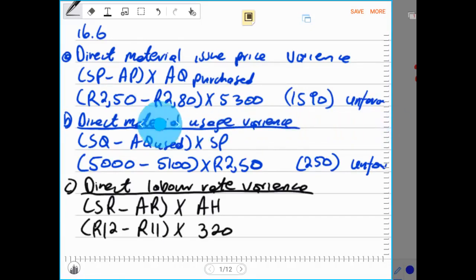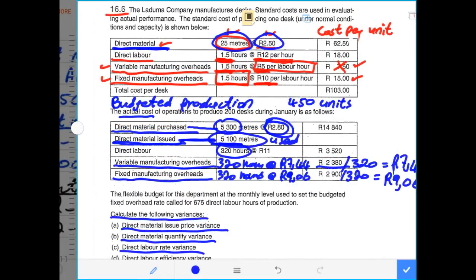Let us just see all these figures. Our standard rate of direct labor was 12 Rand per hour. And our actual rate of labor per hour was 11 Rand. Then our actual labor hours was 320.